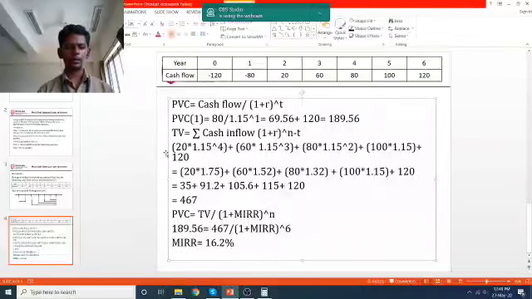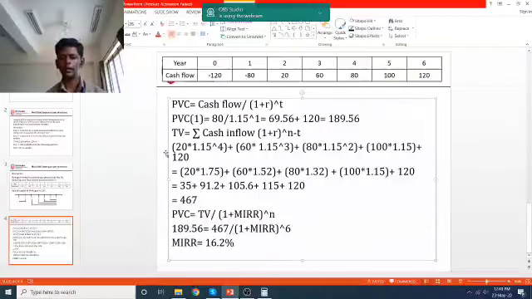So this is about your modified internal rate of return. I think I've covered all the capital budgeting techniques. In case you have any issues or queries, please let me know. Also, I'll be sharing a question bank for the same. Please solve it as an assignment and send it over to me by email.